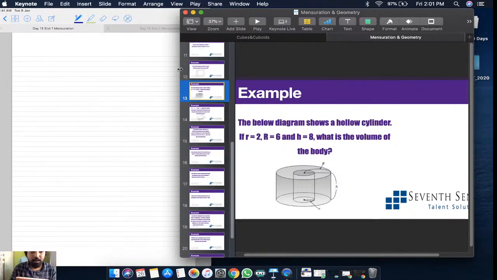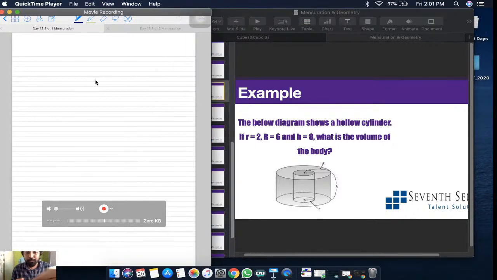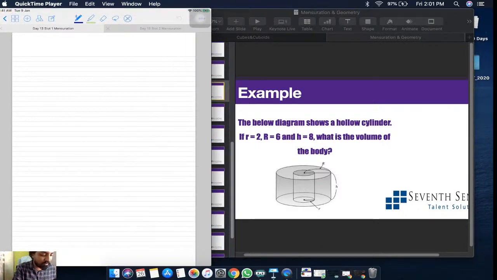Can you guys answer this question? Below diagram shows a hollow cylinder.